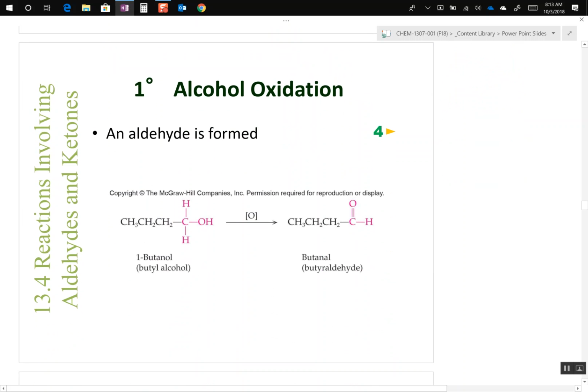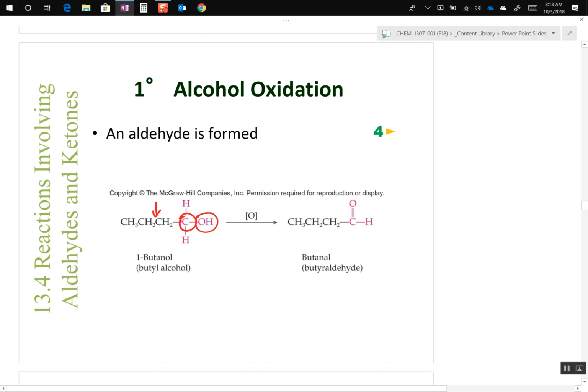All right, so primary alcohol oxidation. Here you see that I have the OH attached to a carbon that only has one other carbon attached to it, right here, this one. That makes it a primary alcohol.